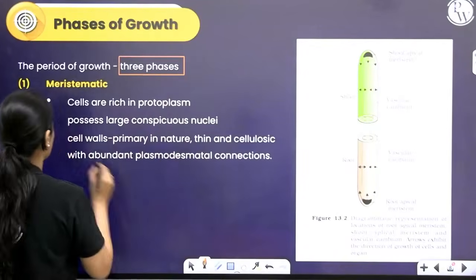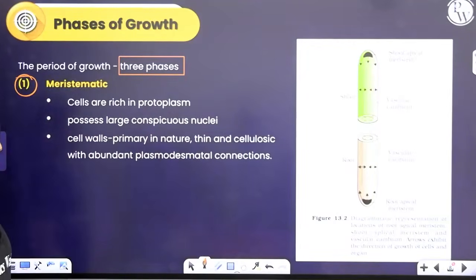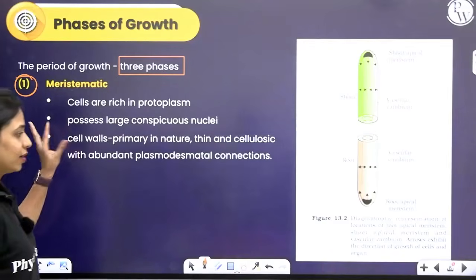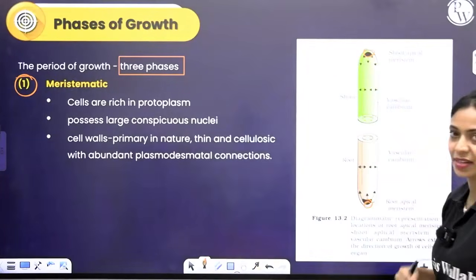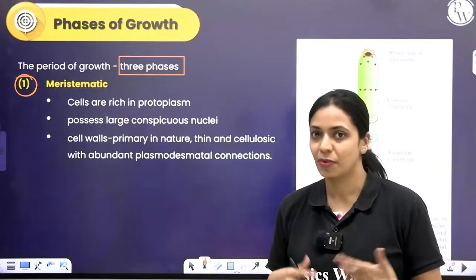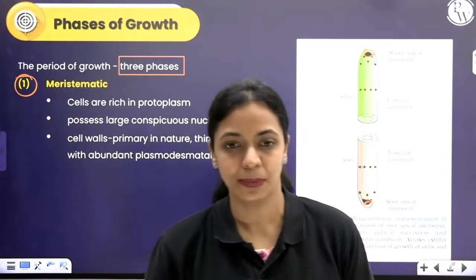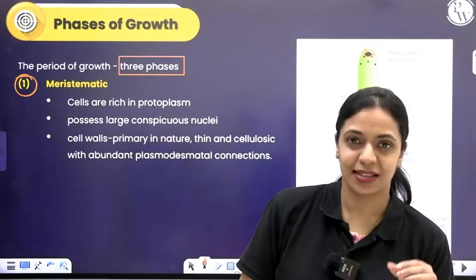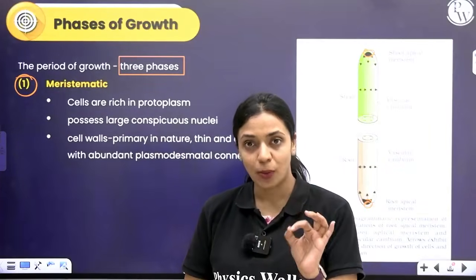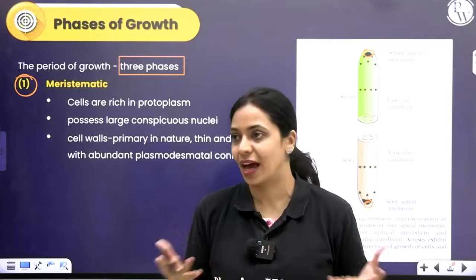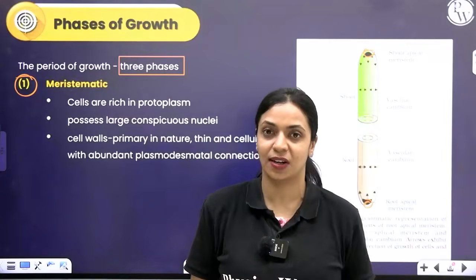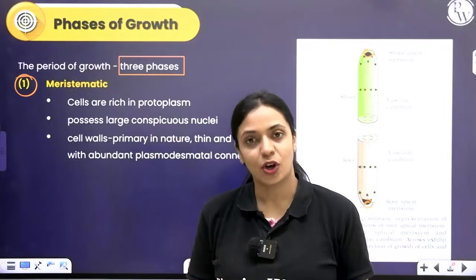The first phase here is called the meristematic phase. The cells that are in the meristematic phase obviously will be present at the meristematic region: root tip, shoot tip, and if it's a dicot, then the cambium. These cells are very small. Remember, their job is to only keep dividing. They don't have time to make a thick cell wall. They don't have the time to develop one large central vacuole. Their only job is to keep on dividing.